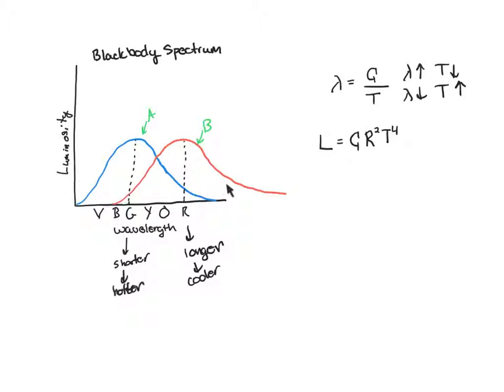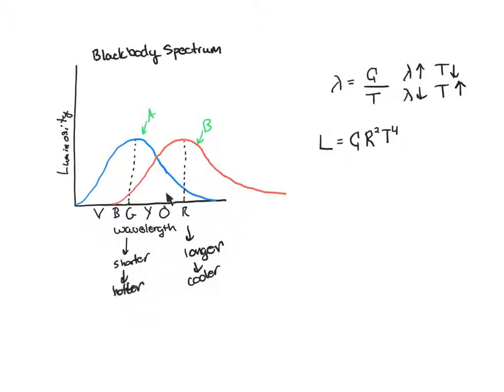So it's going to have photons emitted for this star B over here, or a red star, is going to emit a little bit of blue light, a little bit of green light, a little bit of yellow. But most of the photons are going to be over here in the red, which is why you see the star as red. But over here, our peak wavelength is in the green, so we would see this more as a yellowish green star, even though it does emit photons at all these ranges.